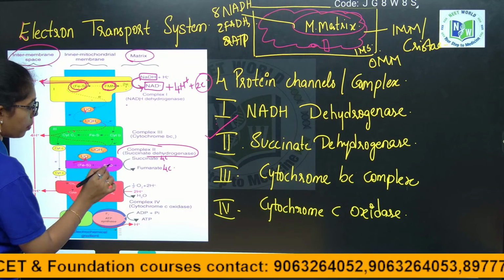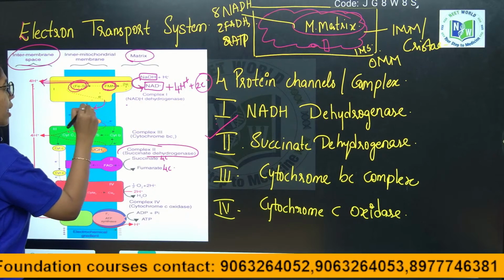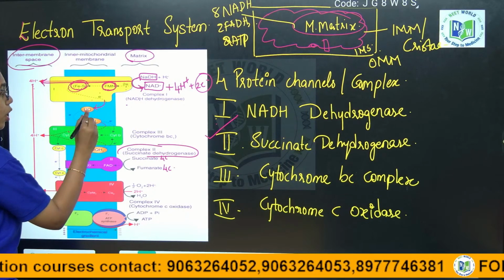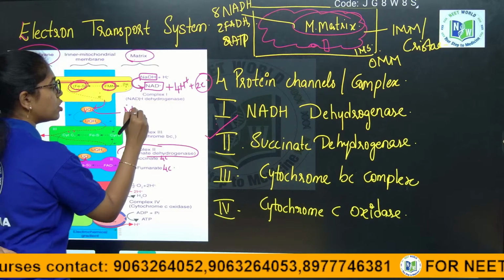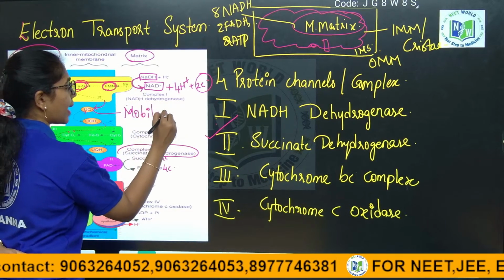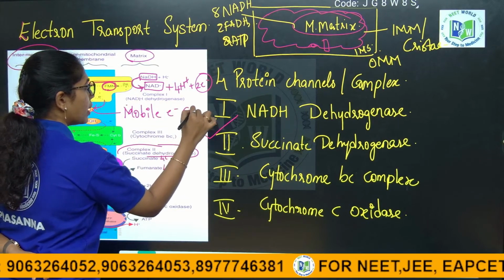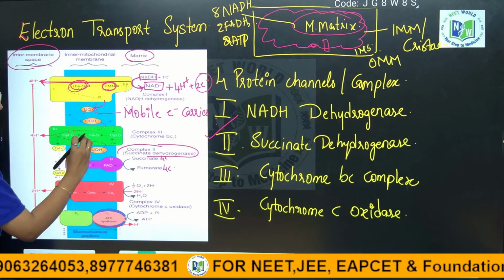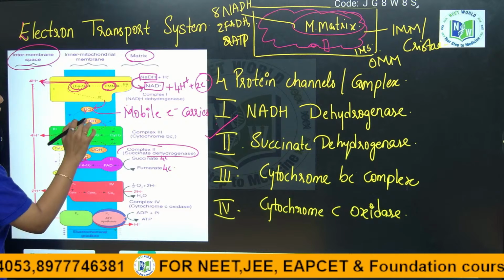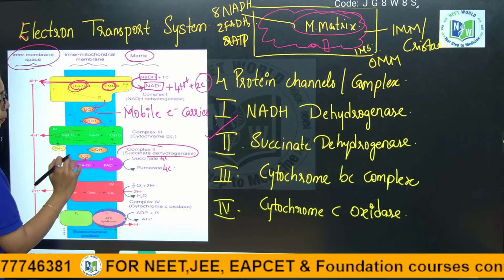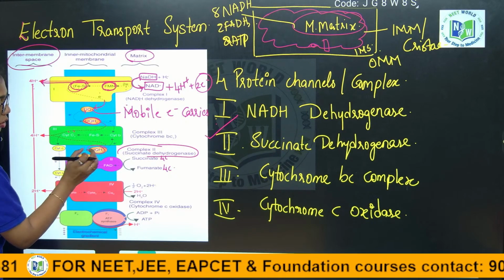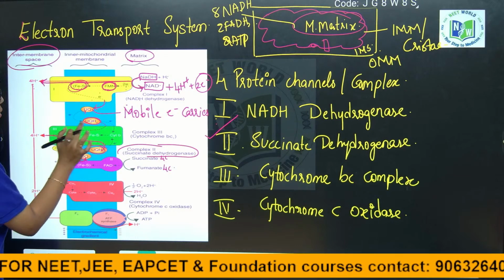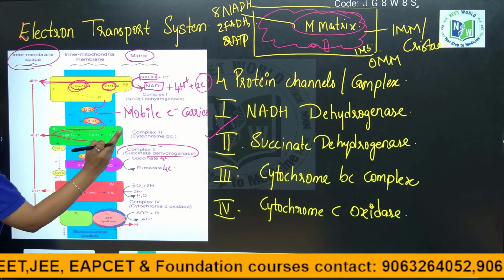From complex 2 and complex 1, electrons are submitted to ubiquinone, which is called the mobile electron carrier, because it carries electrons between 2 successive complexes. This turns into ubiquinol along with hydrogen, and it pumps out protons at complex 3.